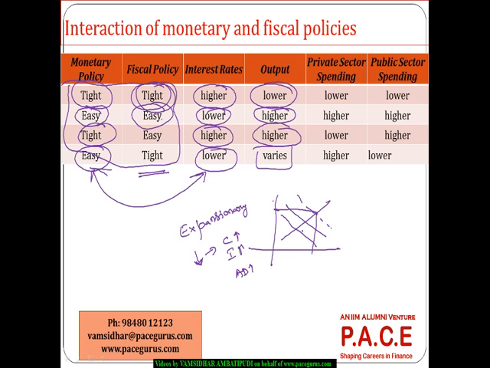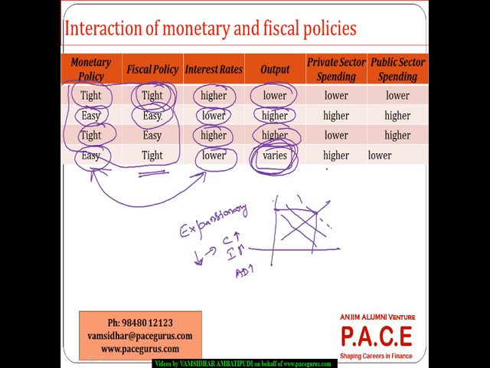So the contractionary fiscal policy is pulling the aggregate demand down, whereas expansionary monetary policy is pulling the aggregate demand up. So that's where we don't know whether the output is going to be lower or higher.